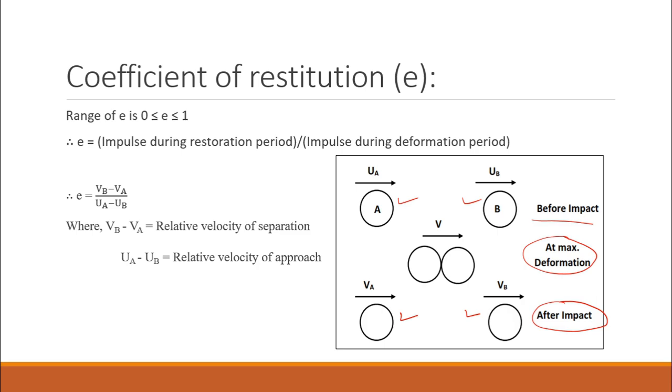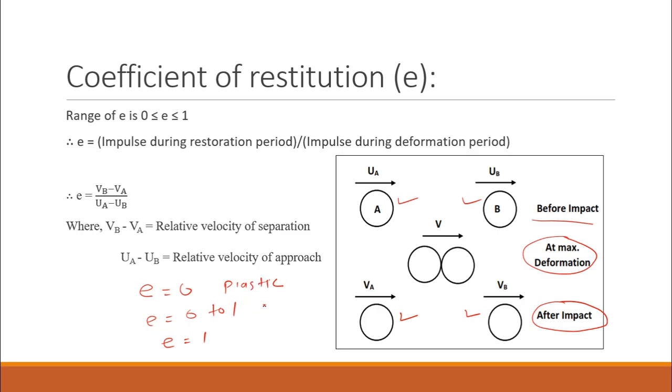The value of e can be 0, or between 0 and 1, or e equal to 1. If e is 0, it means the type of impact is plastic impact.